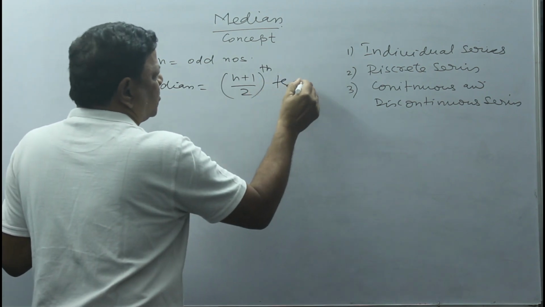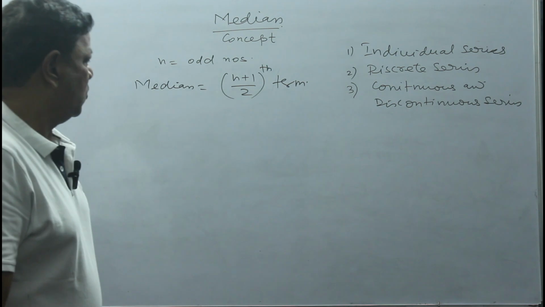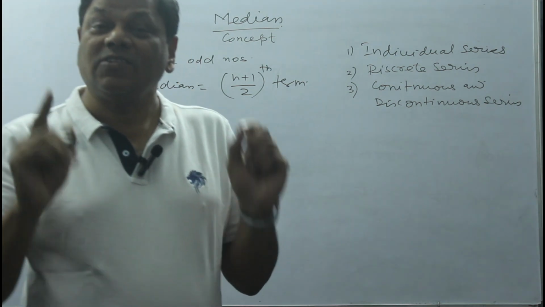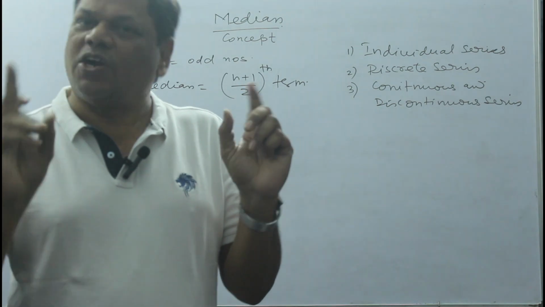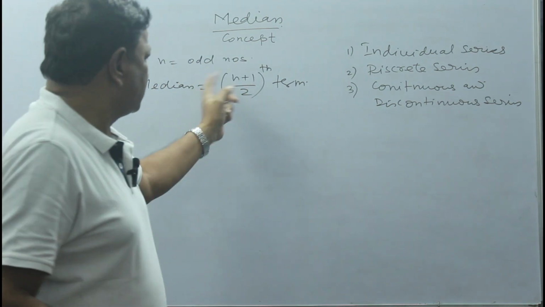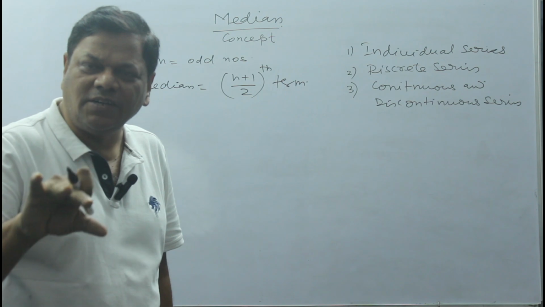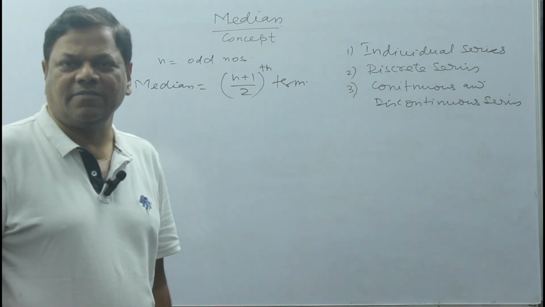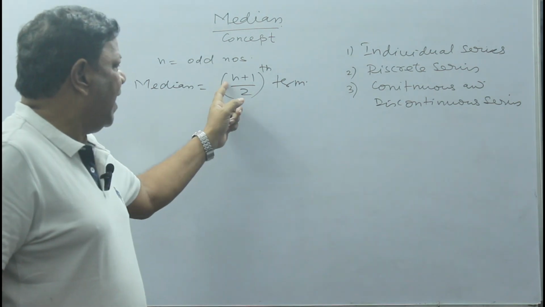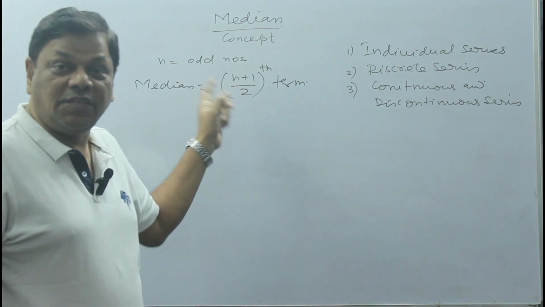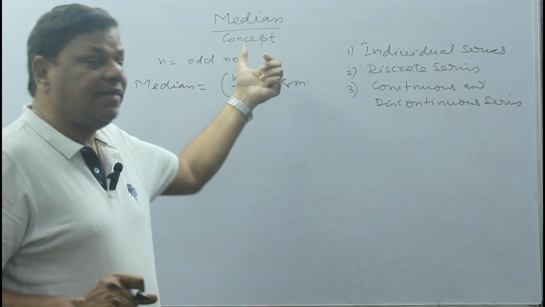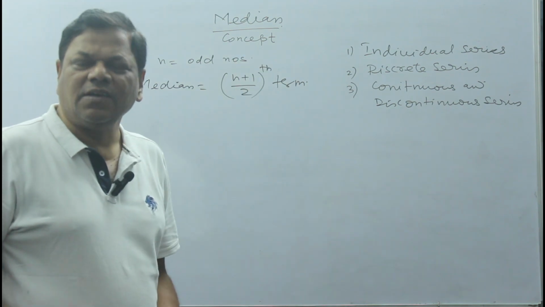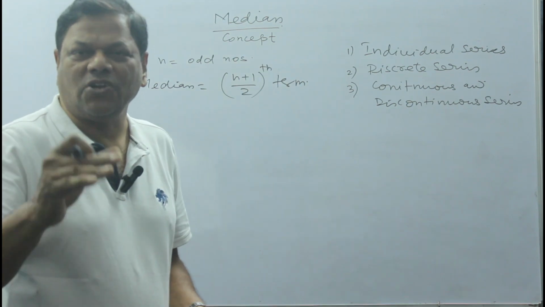This is the formula. When n is odd number, let 5 numbers be given. 5 plus 1, 6 by 2 is 3. That means the third one is your median. So the formula is (n plus 1) by 2. You have to use this when the value of n is odd numbers, that means 5, 7, 9, 11, 13, like that.